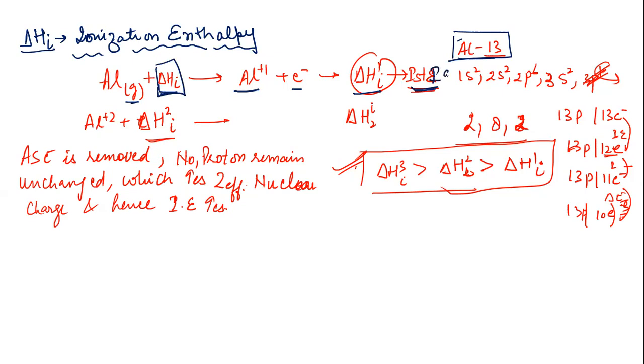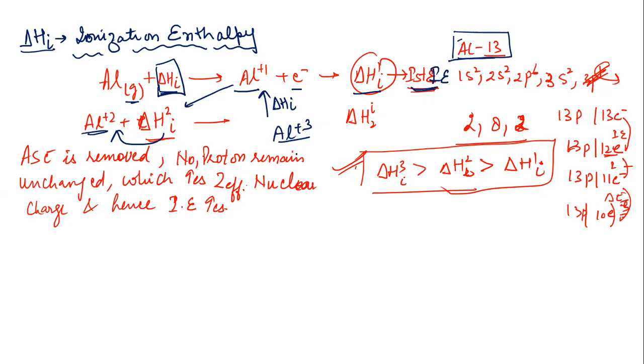Now if I put more delta Hi, then it will be converted into Al plus 2. And then again, if I add some more energy, it will be converted into Al plus 3.